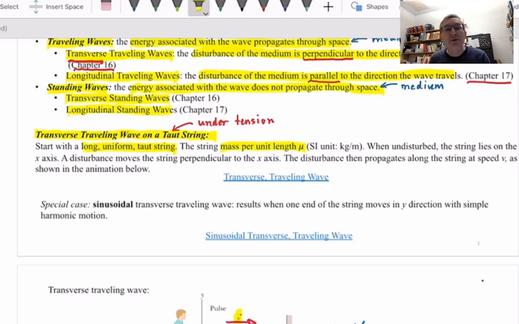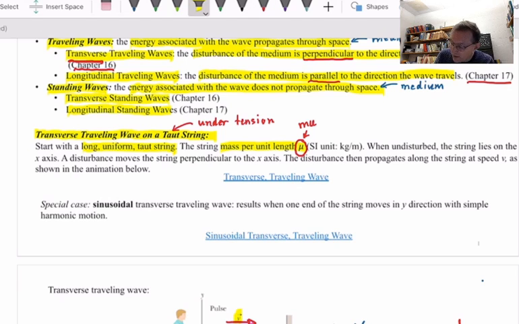That turns out to be the useful quantity to describe the inertia of the medium that the wave is going to travel in. Note the symbol for mass per unit length. Please note, that's not an M. That's a Greek lowercase letter mu. That's what we're going to use to describe mass per unit length.